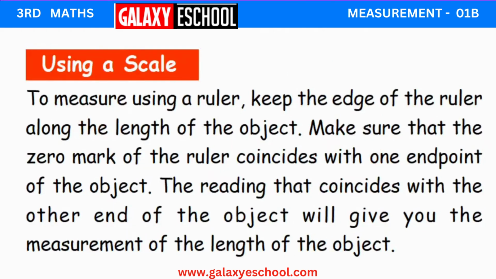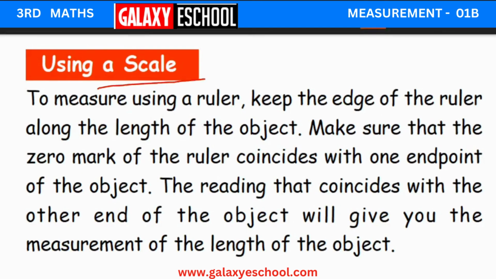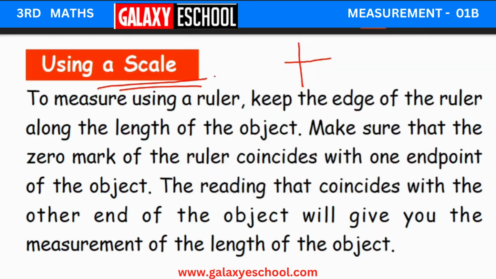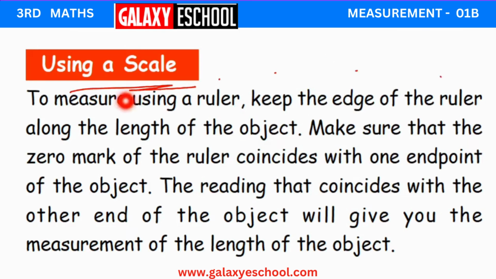Now using a scale. How do we use a scale to measure? Yes, till now you might have used a scale only to draw lines. Yes, children, only to draw lines. But let us learn how to use a scale for measuring purposes. To measure using a ruler, keep the edge of the ruler along the length of the object.